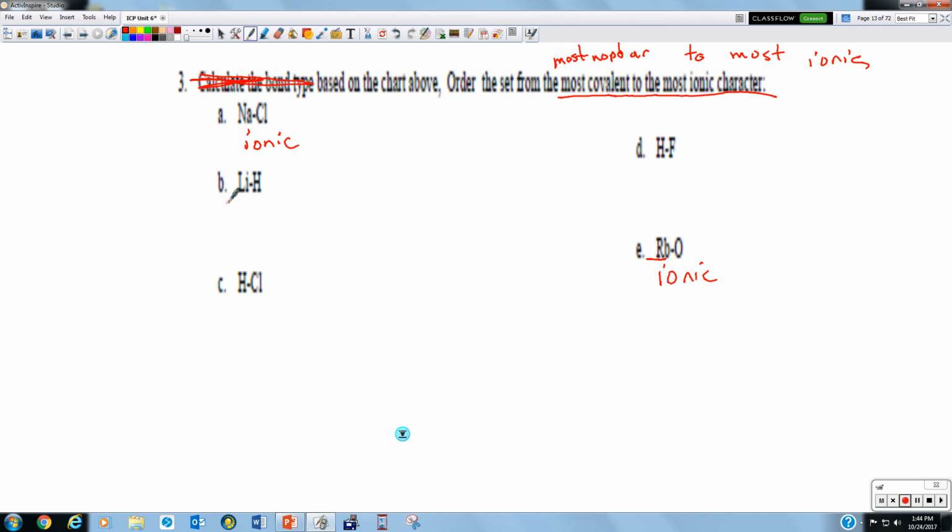Now, if we have a metal in the first position, like lithium hydride, what is that going to tell us about the character of this one? Anytime you have a metal present, we're going to call it ionic. So these other two, HCl and HF, both of those are covalent. They are acids. They are somewhat polar.